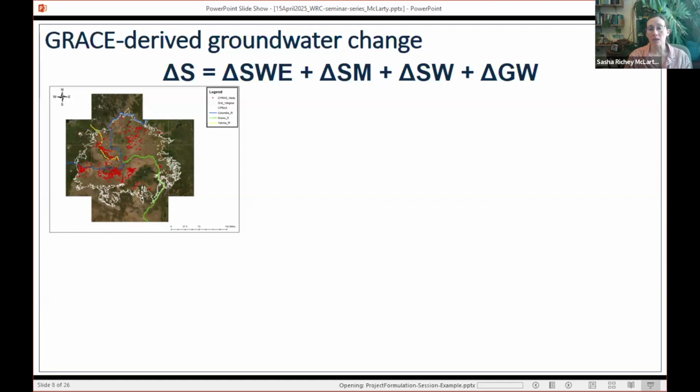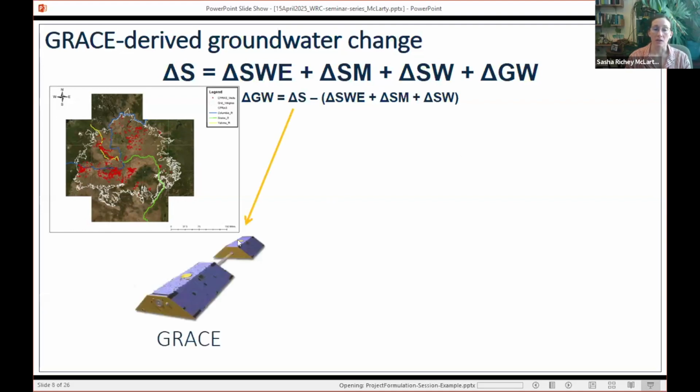So the way we use GRACE to study groundwater is just a simple bit of algebra. We're just going to take this equation and rearrange it to solve for groundwater. And then we use other things to subtract out the non-groundwater parts from the GRACE signal. So we get the total water storage anomaly from GRACE.